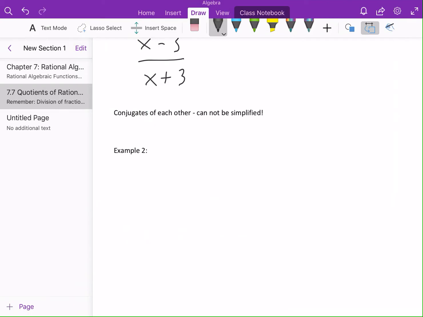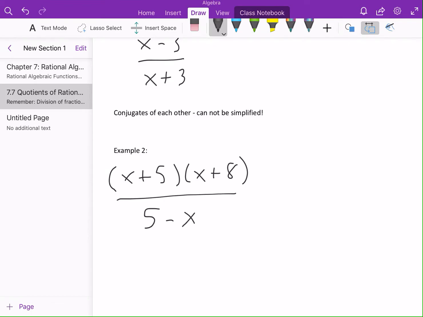We are going to look at x plus 5 times x plus 8 all over 5 minus x divided by x plus 8. Remember, x plus 8 can be rewritten as x plus 8 all over 1.